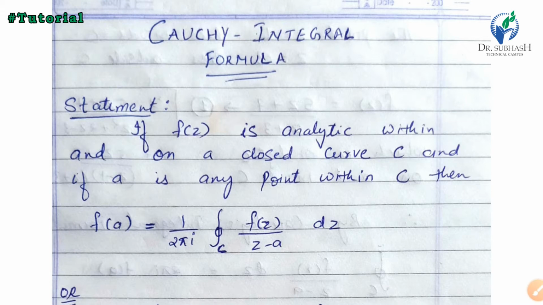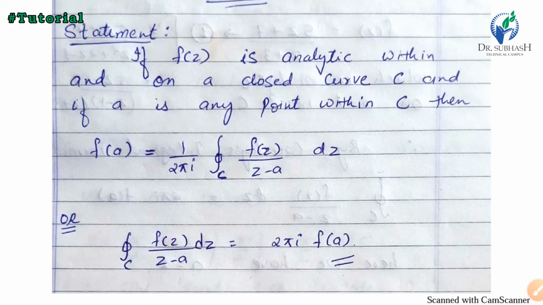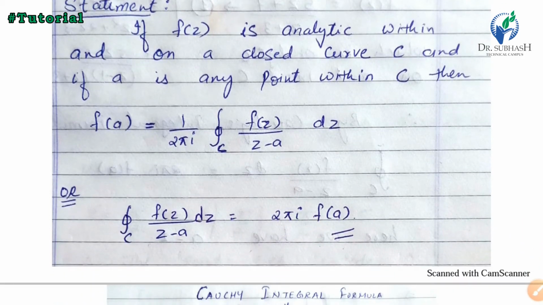In my last video, we discussed that Cauchy integral formula states that if f of z is analytic within and on a closed curve C, and if a is any point within C, then f of a equals 1 upon 2 pi i integration C f of z upon z minus a dz, or integration C f of z upon z minus a dz equals 2 pi i f of a.